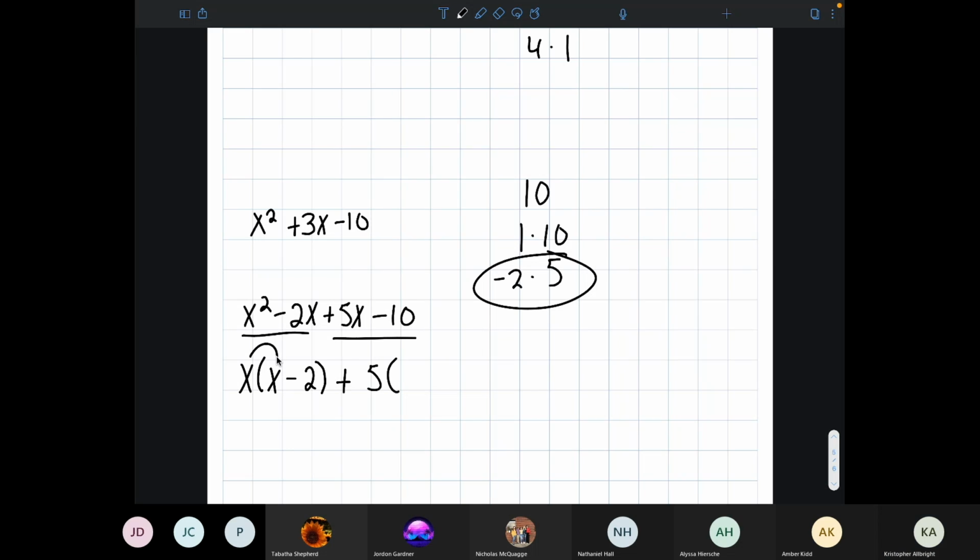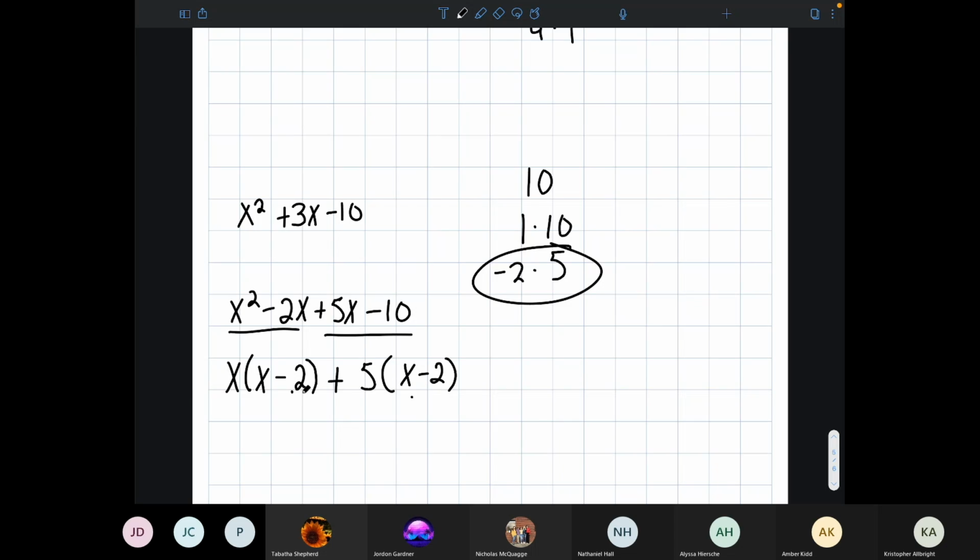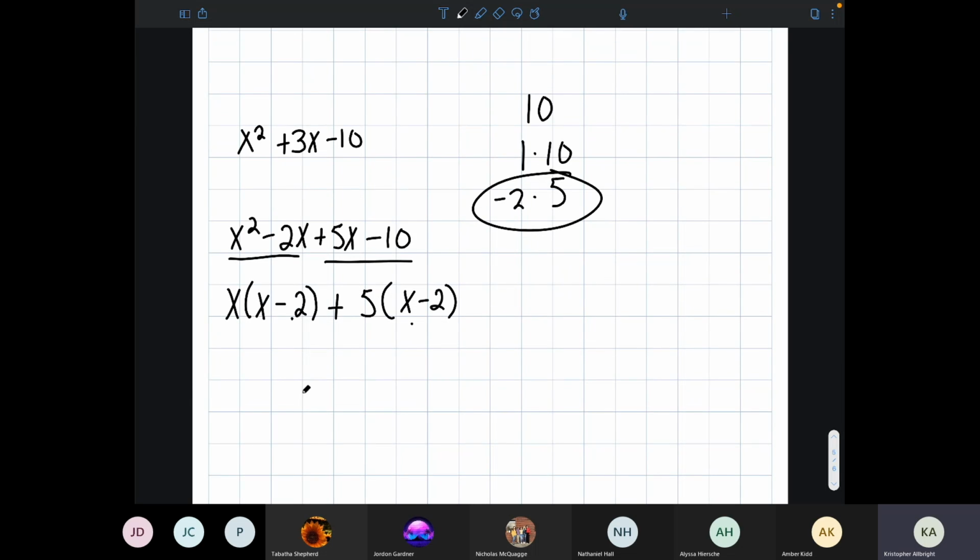Oh, okay. So we pull out a 5 here. We end up with x minus 2. They match, so we're doing good. So we're going to pull the x minus 2 out. And then whatever is left goes here.